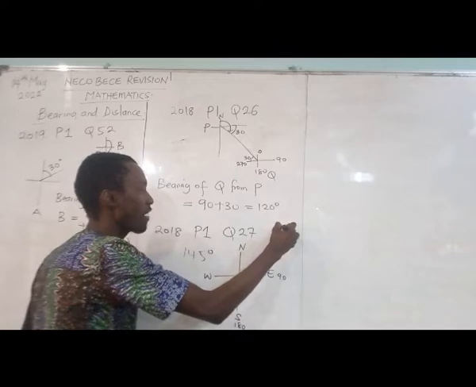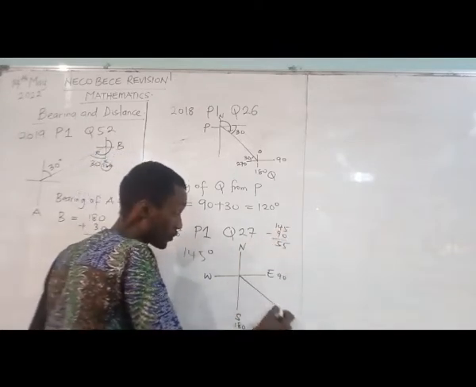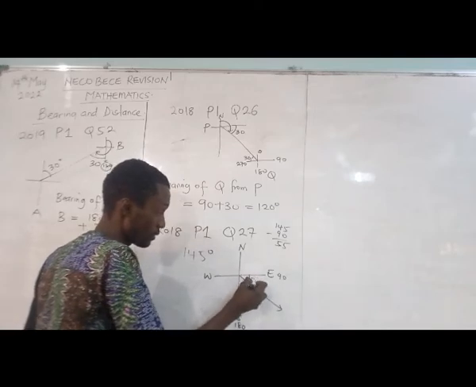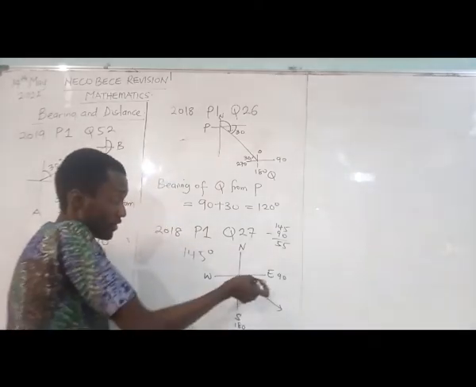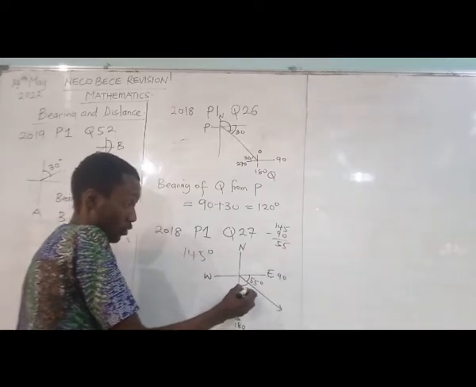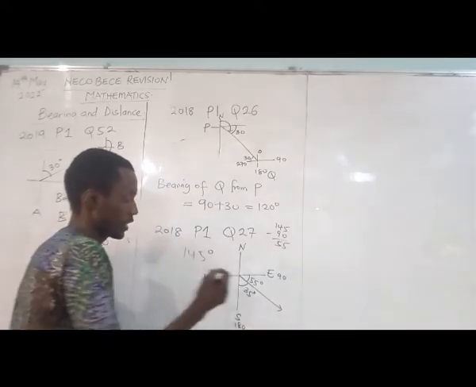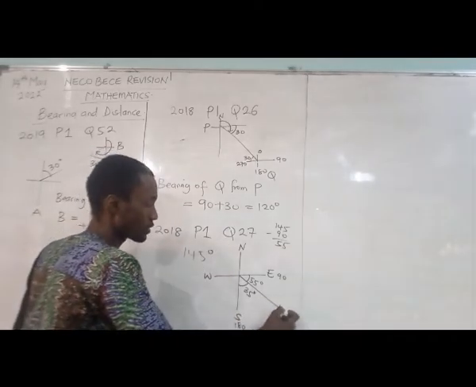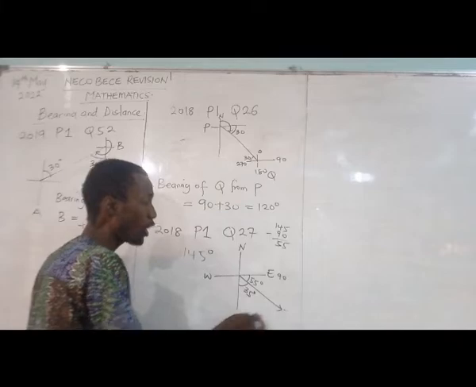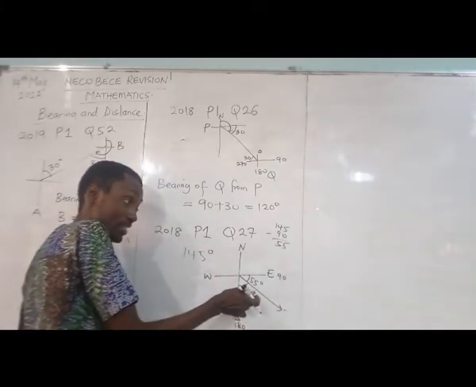So 145 minus 90 is what? 55. So which means I will move 55 into this place. Are you seeing that? And if this is 55, it means that I'll be left with 35. 35 plus 55 will give me 90. So this is south, going towards east. So the answer will be south, 35 degrees east.